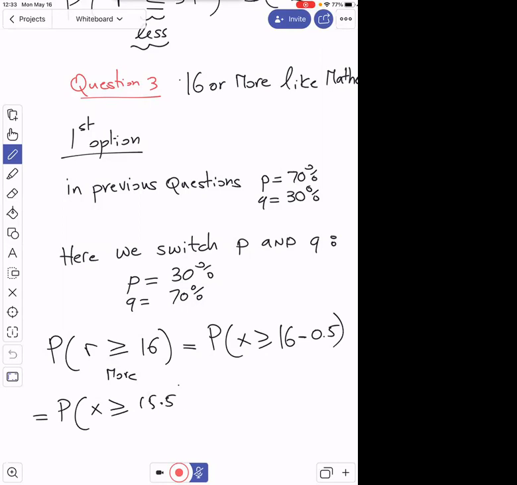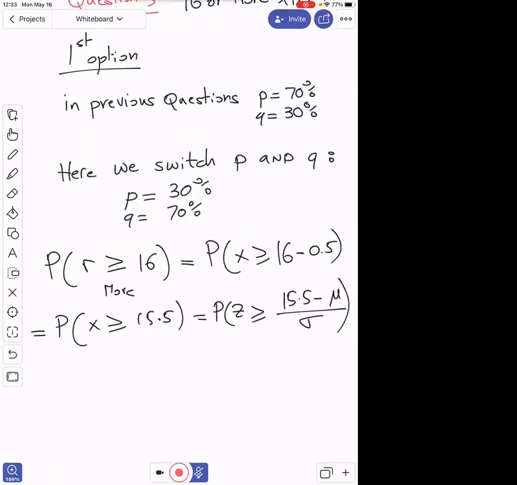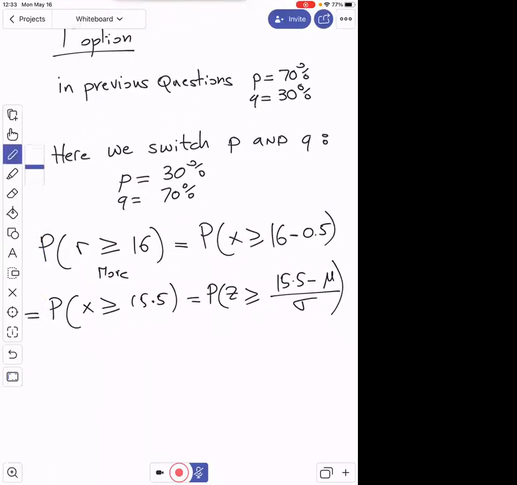But then when you convert to Z, you need to be careful. So Z is more than 15.5 minus mu, and the mu is going to be different from the mu we used in the previous question. Mu here is N times P. Your N is again 50 students, but P is not 70% anymore.